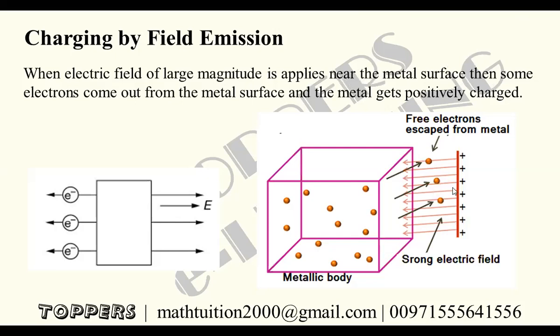What will happen? Electrons will be ejected. Electrons will come out. In this figure, you can see electrons are coming out. So what will happen? There will be a deficiency of electrons. So this metal gets positively charged.